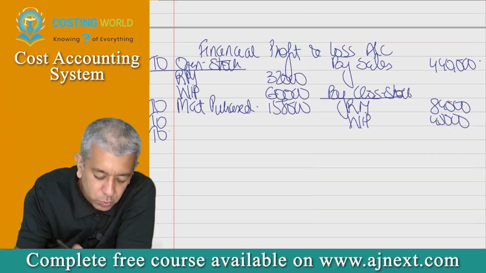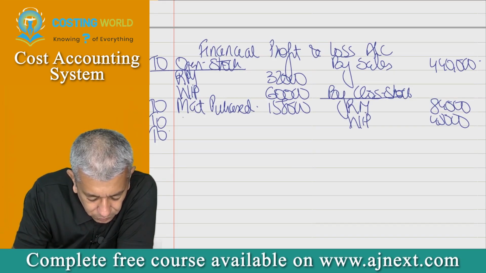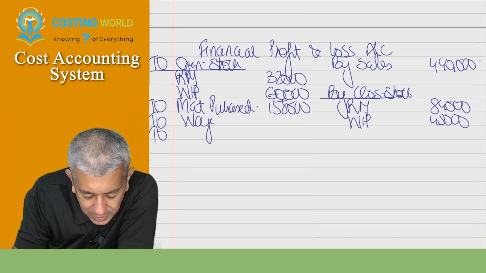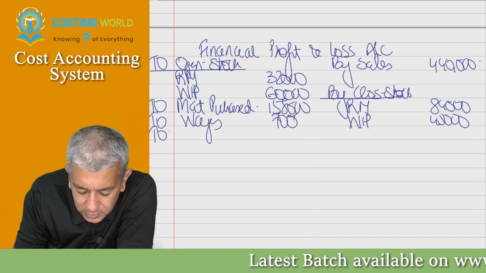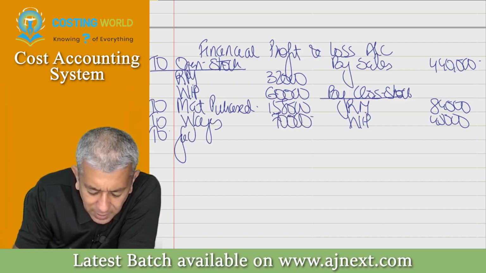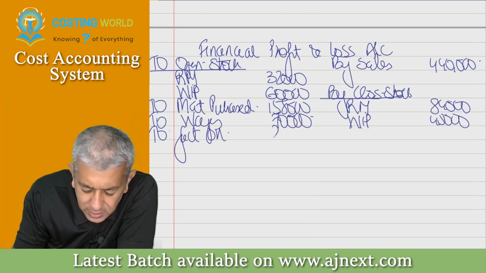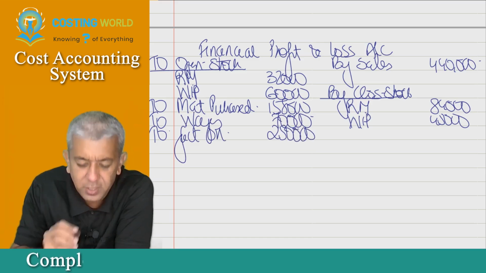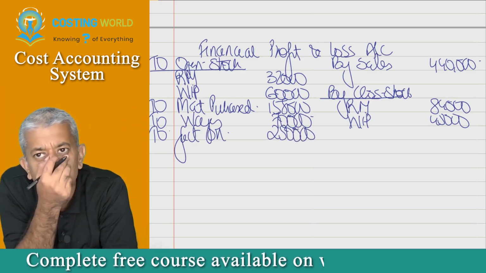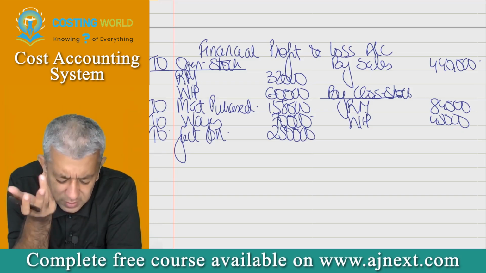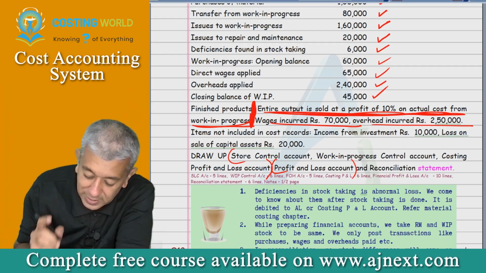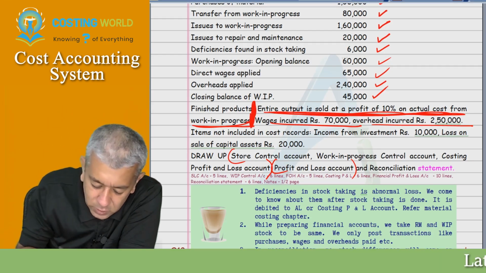You tell me which 2? So wages, so factory overhead. Wages in this particular case will be 70,000. Apart from that, factory overheads will be 2,50,000. Is it all okay? Yes. Rest of the transactions I'm not interested in, but these 2 transactions I'm definitely interested in.